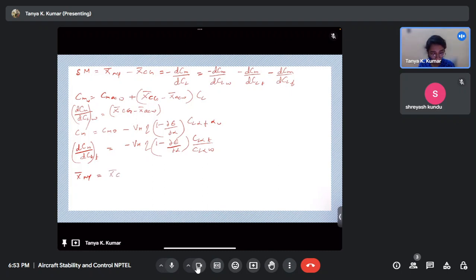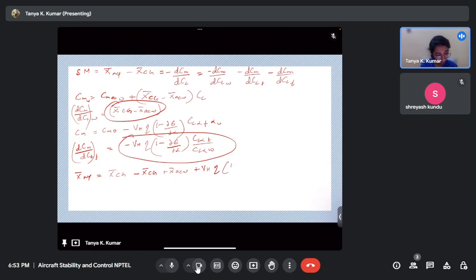So you have x bar Cg, and then you add all these individual terms: minus x bar Cg plus x bar AC wing, plus Vh eta times 1 minus dou epsilon by dou alpha, Cl alpha of the tail by Cl alpha of the wing, minus dCm by dCl of the fuselage. So this chops off, and this is the final answer.